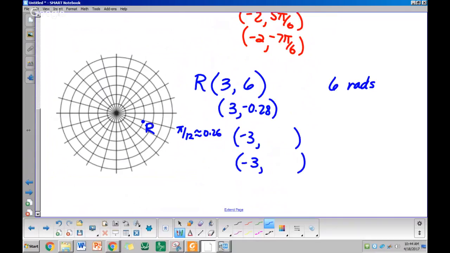So I'm going to start over here, negative radius on the negative r side, and then I'm going to rotate pi minus 0.28, which is 2.86. And then I can start at the negative, and then I can rotate pi plus 0.28, which would be negative 3.42. So it can be tricky.